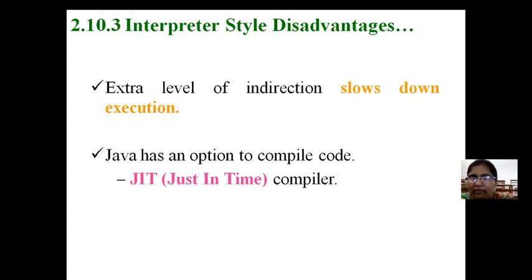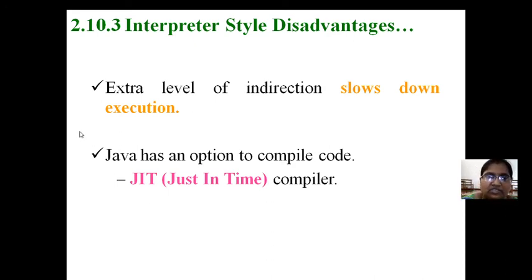So how many minutes do we need? 3 minutes. If A and B are able to communicate directly, it will take only 1 minute. So 2 more minutes are required whenever there is a mediator between us. Here also, whenever there is a conversion from one form to another, automatically it will slow down the execution of the process. But we don't have any alternative, so we have to go on with the interpreters, right?